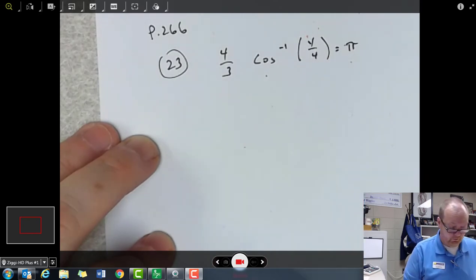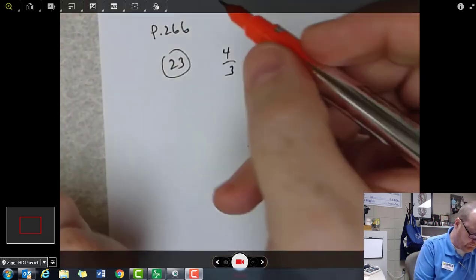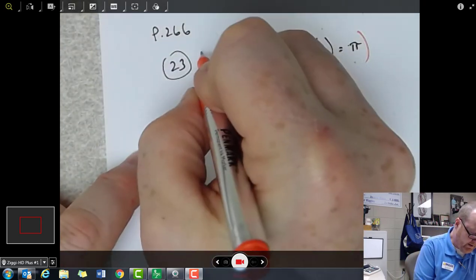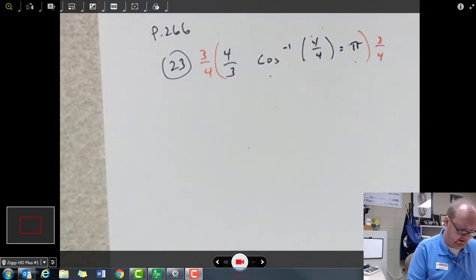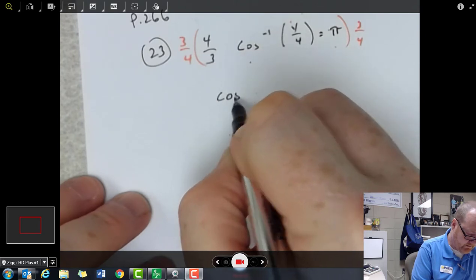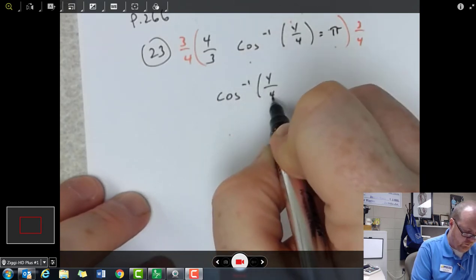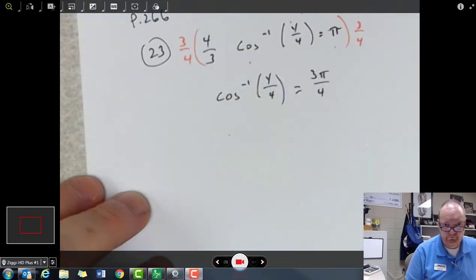So again, let's kind of whittle it away. So if I get rid of 4/3 by multiplying both sides by 3/4, then I'm left with the inverse cosine of y over 4 is equal to 3 pi over 4.